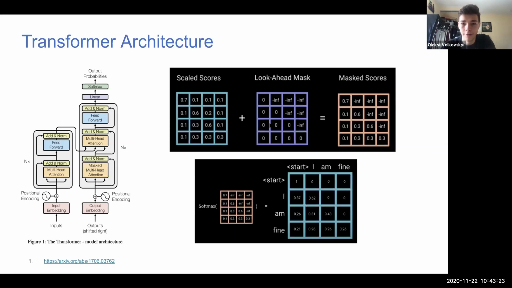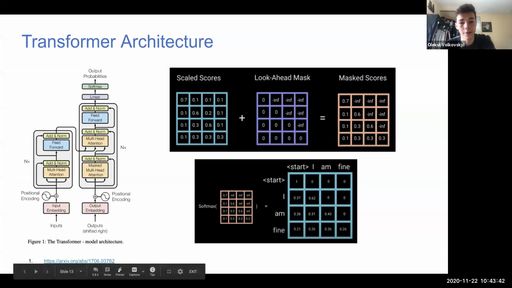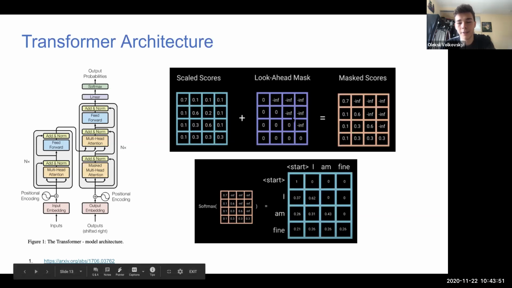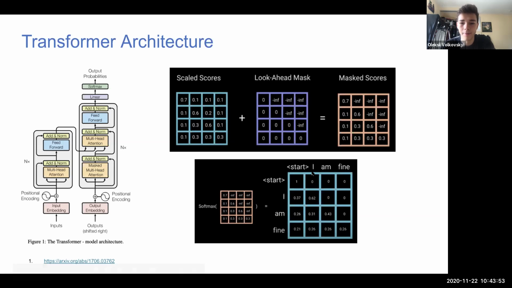Yeah, so formalizing the masking part: in this multi-head attention, after you have those scaled scores, you apply this look ahead mask, which you just add. So before taking the softmax, after dividing by square root d, you add the look ahead mask, and when you take the softmax, the negative infinity values are going to be 0.